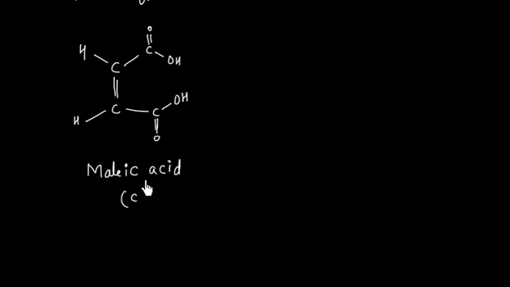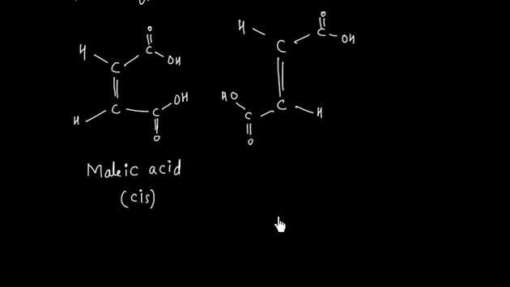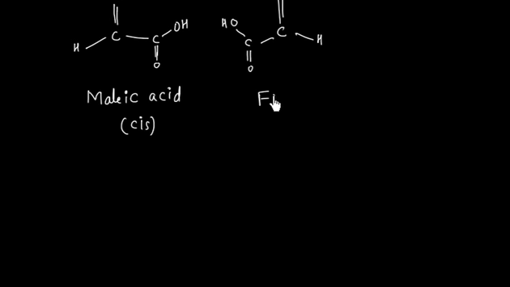That is 2 COOH groups on the cis side, and if I have 2 COOH groups on the trans side, this is called fumaric acid.